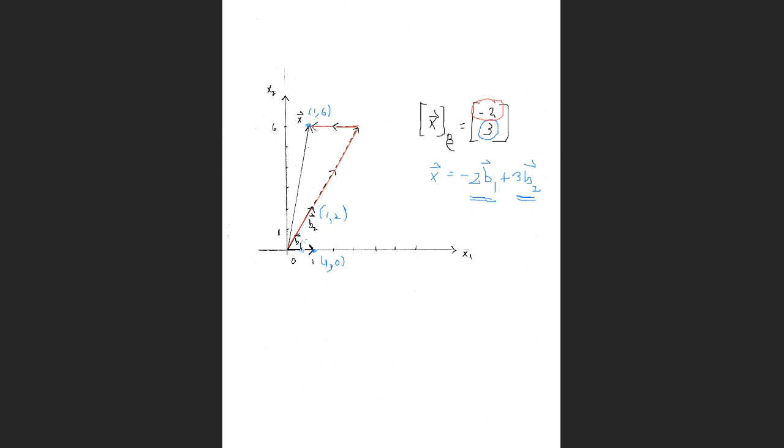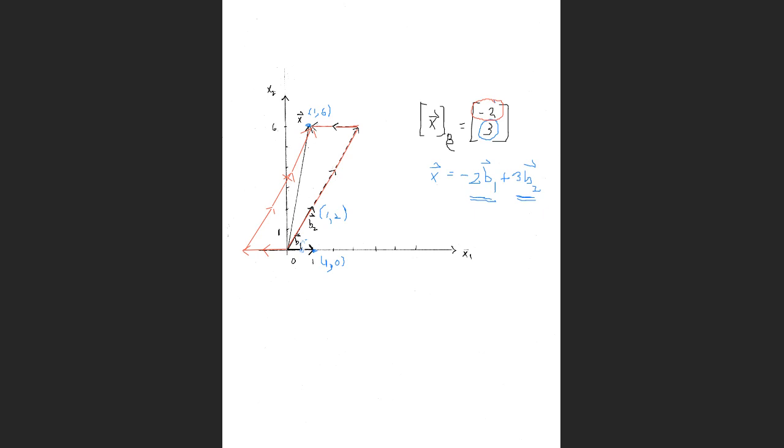If I'd done -2B1, starting from the origin, it would be -2B1, and then I go up 3B2. It's not perfect, but you get the idea.